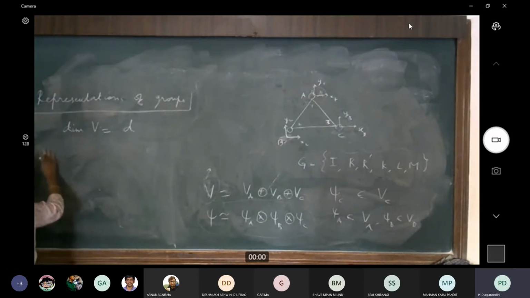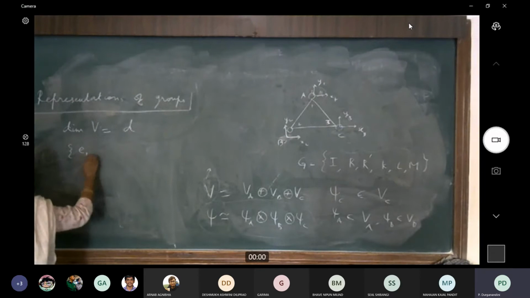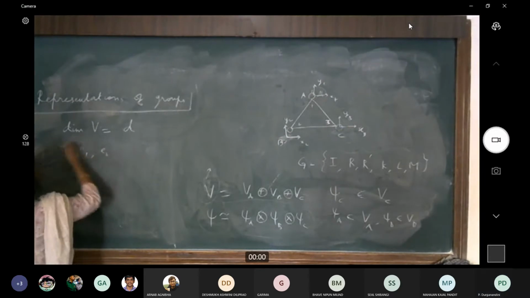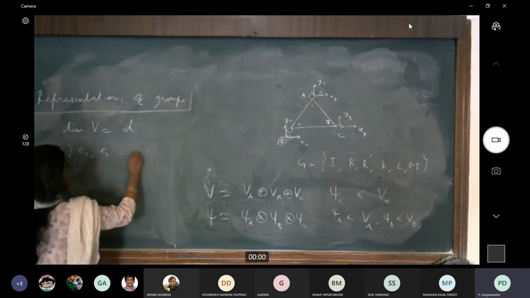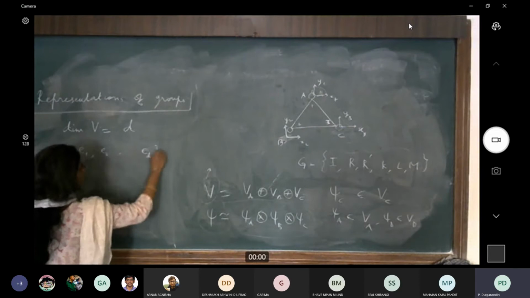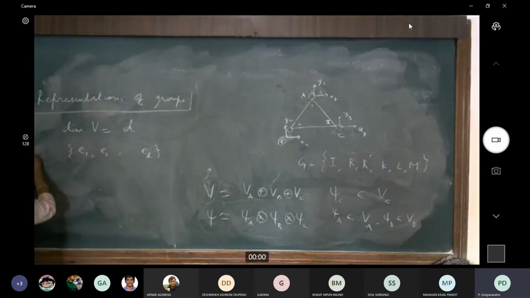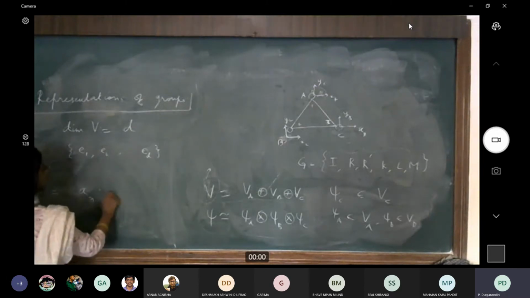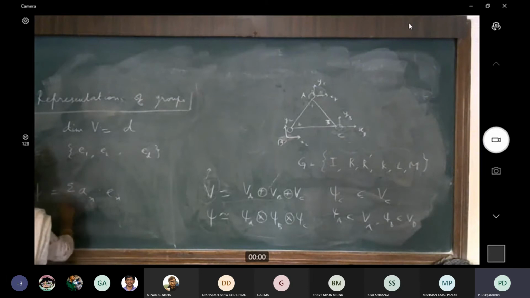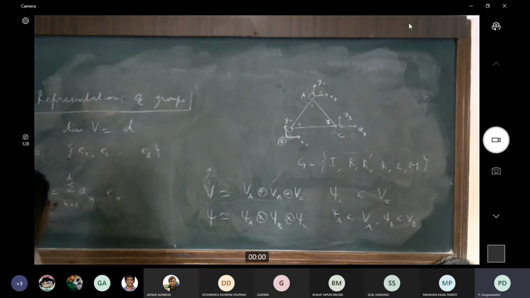Then you know that I can get a basis set E1, E2, and so on up to ED. So let this be my basis for V. Then you also know that my psi can be written as the sum of a_n E_n, a linear combination, with n equal to 1 to D. This you know from your vector spaces.